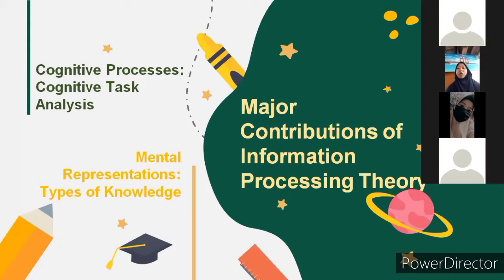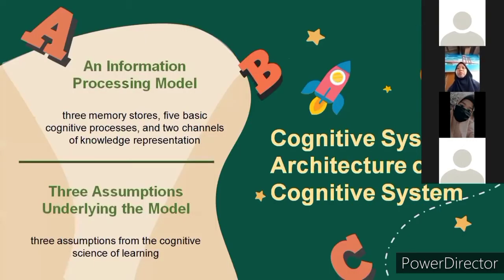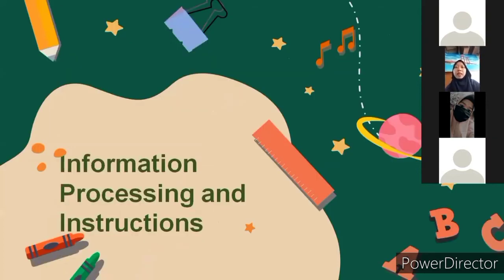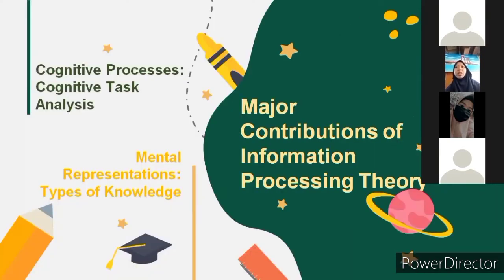Now let's talk about mental representation, which talks about types of knowledge. According to the processing approach, knowledge is at the center of cognition and learning is the construction of knowledge, while memory is the storage of knowledge and thinking is the logical manipulation of knowledge. Therefore, information processing theories have analyzed the types of knowledge.